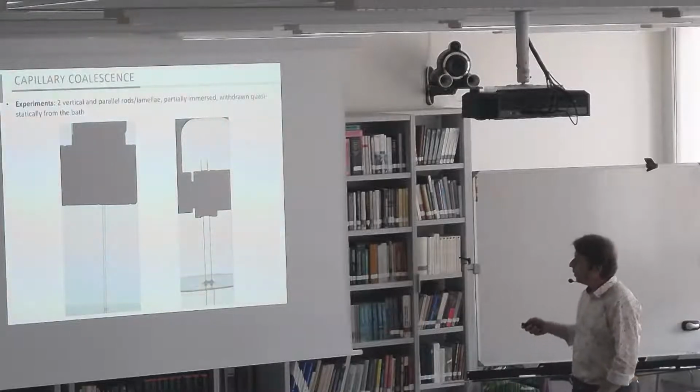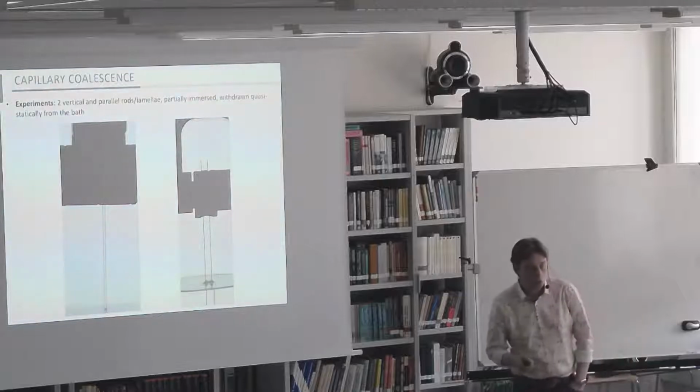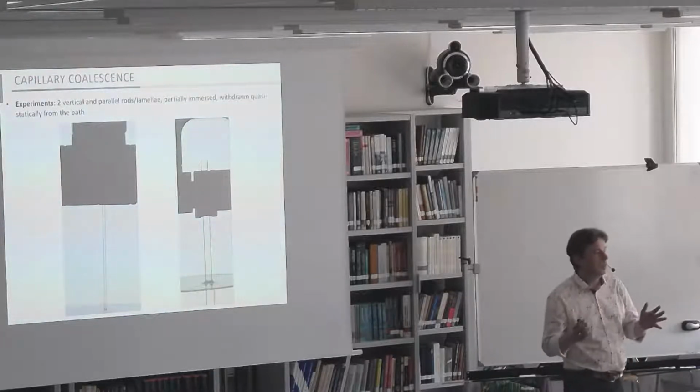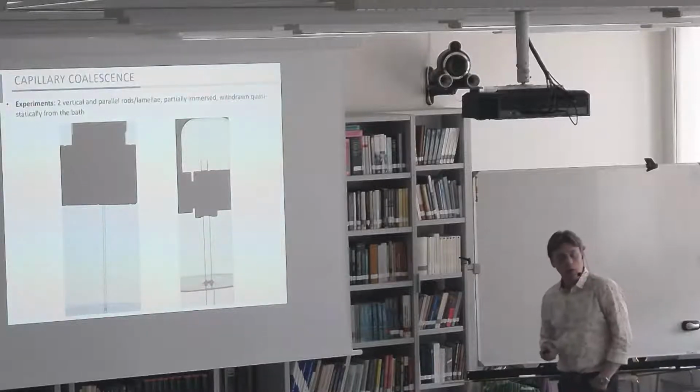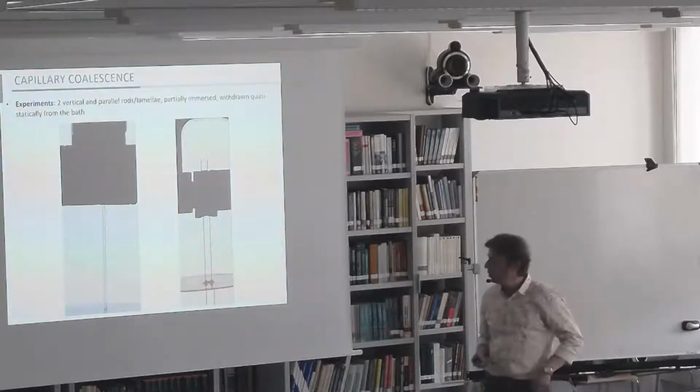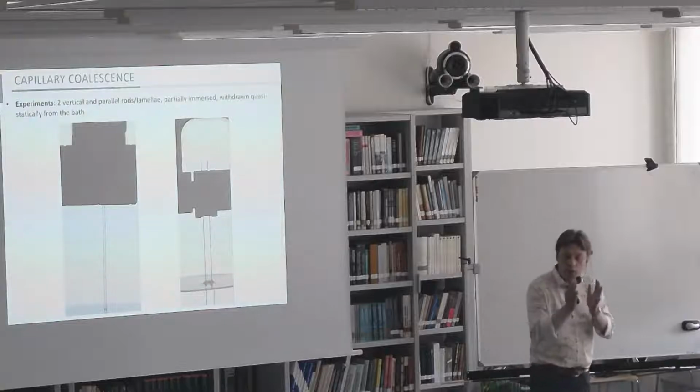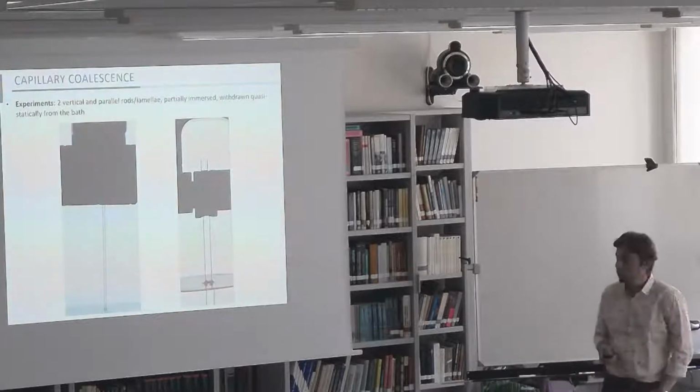At the beginning of the experiment, the dry length of the structure is quite short, so the effective stiffness of the rod is large, and this capillary force is not strong enough to significantly deform the structure.